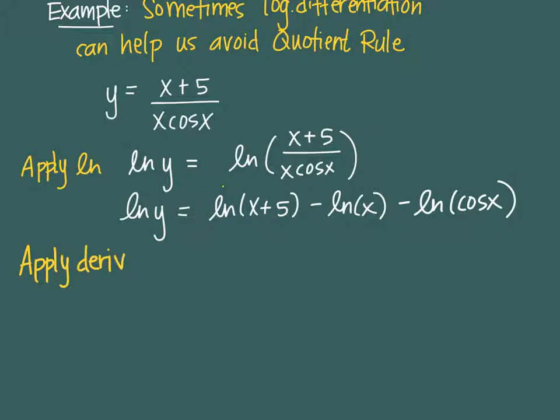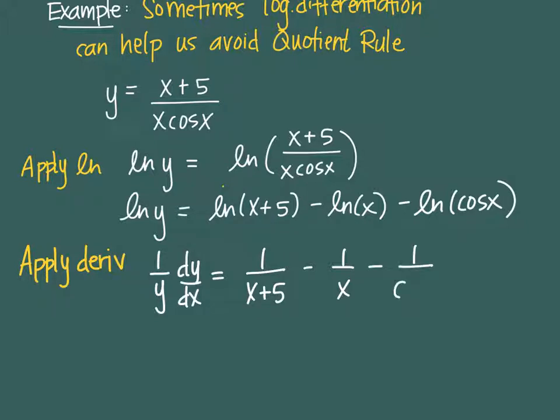The derivative is going to be 1 over y dy dx, and then 1 over x plus 5, and 1 over x, and 1 over cos x times negative sine as your chain rule. It doesn't take as much brain power by avoiding the quotient rule.